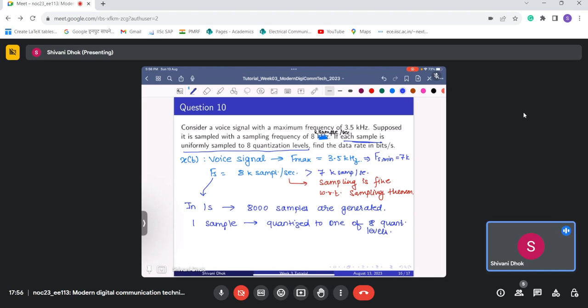Now if I have 8 values and I need to represent them through bits, it's like I have m equal to 8 and I need to find L. So the number of symbols that I have is 8, and if I go for fixed length coding, then I need to find what is L. This L is simply log m to the base 2, which is log of 8 to the base 2, which is simply 3 bits, which means that one sample corresponds to 3 bits.